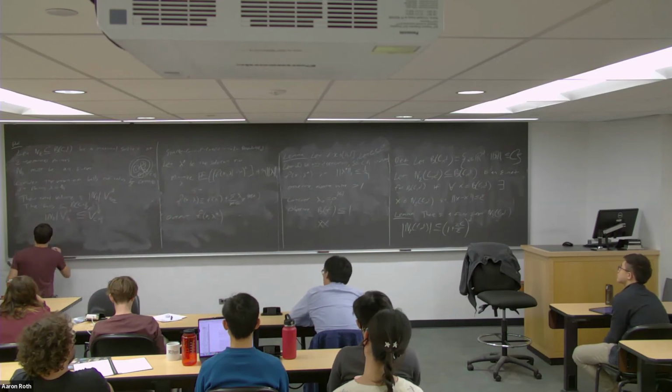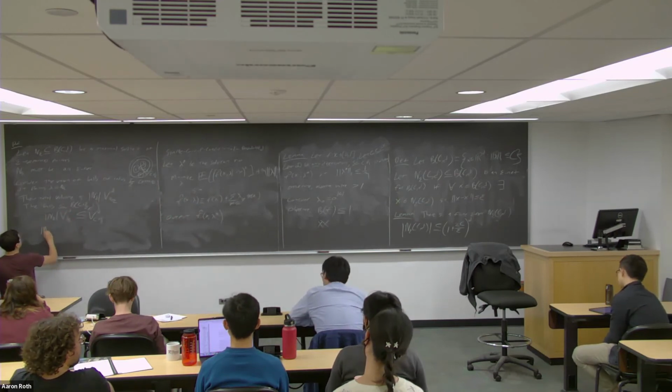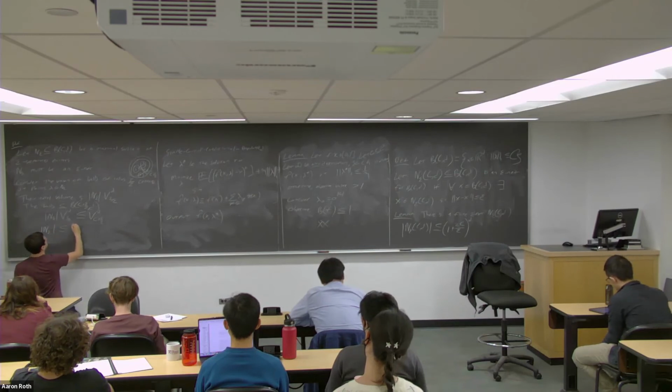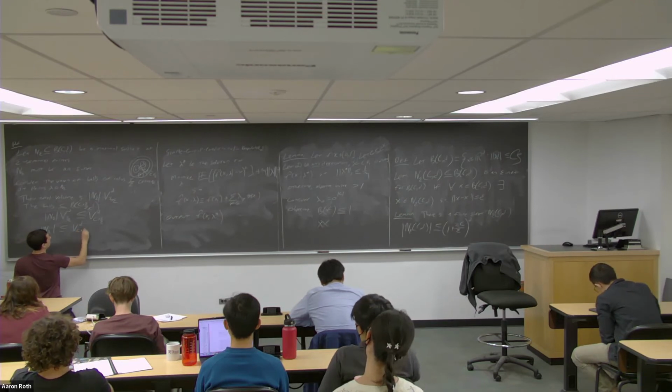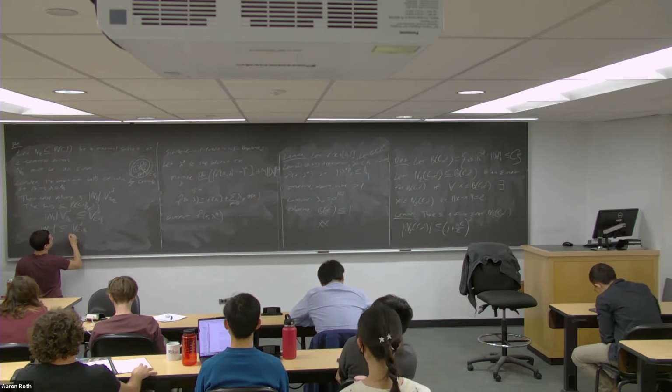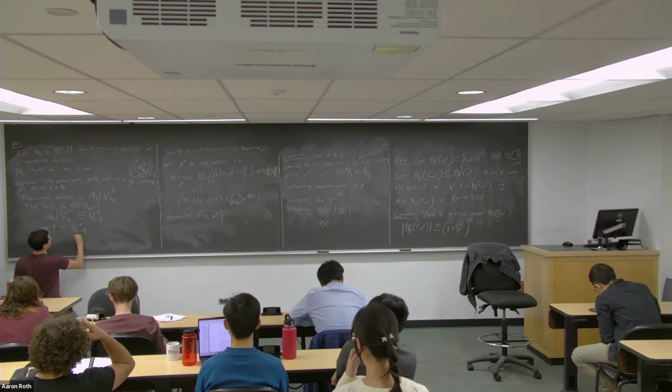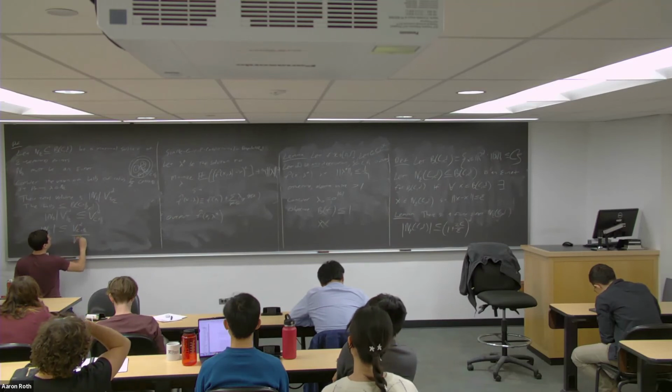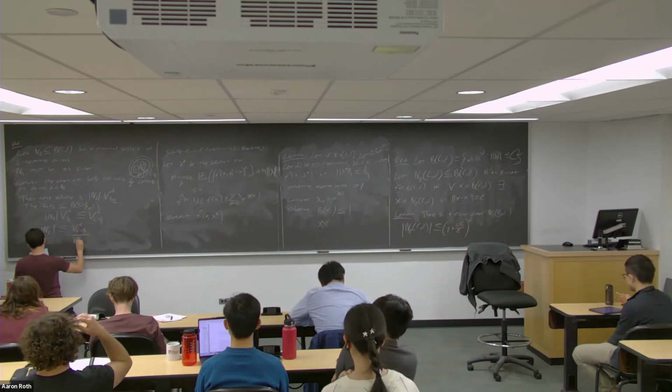And so the cardinality of this set cannot be more than the ratio of the volume of a d-dimensional ball of radius C plus epsilon over 2 over the volume of a d-dimensional ball of radius epsilon over 2.